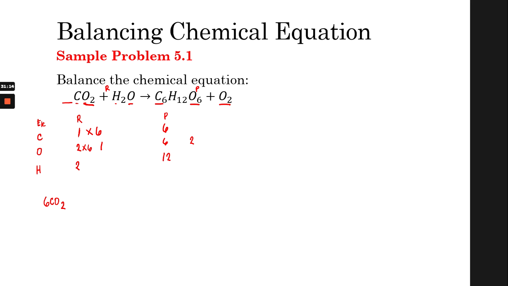But before we go on to fixing our oxygen, let's first fix those that we can just change, or look for the atom that is present in only one compound on each of the product and the reactant side. So I'm not going to fix my oxygen yet. I'm going to focus first on my hydrogen.